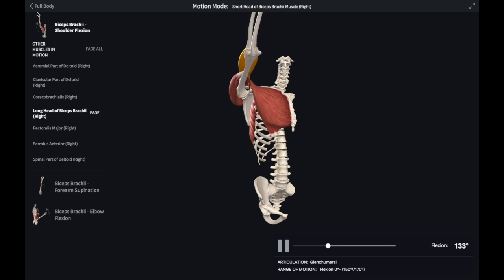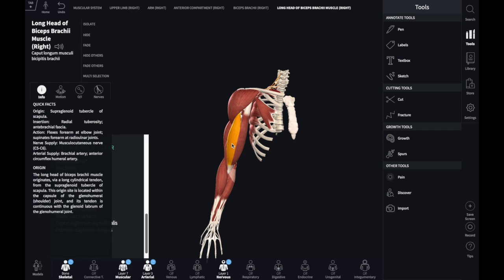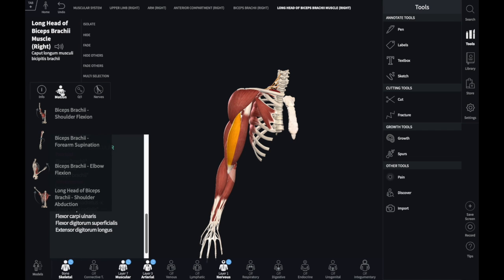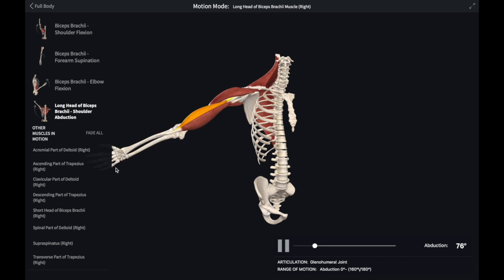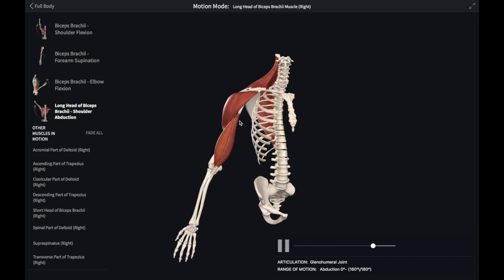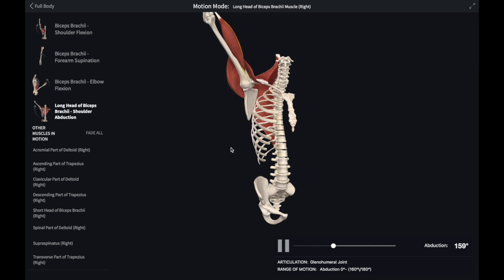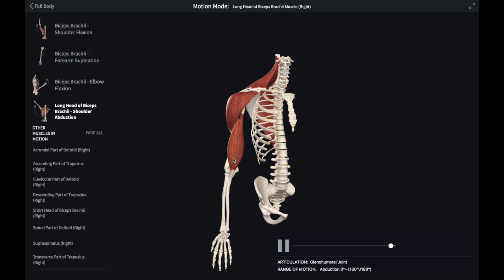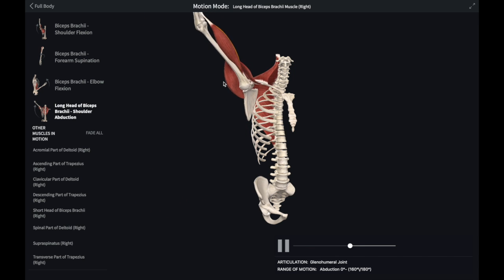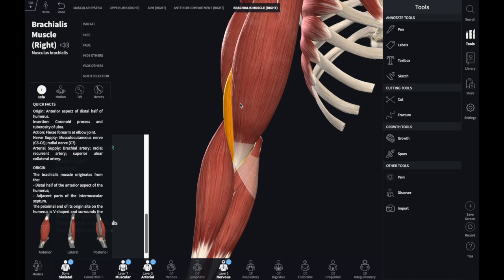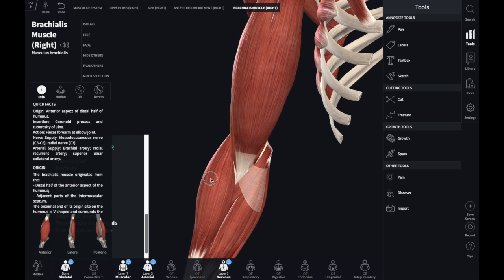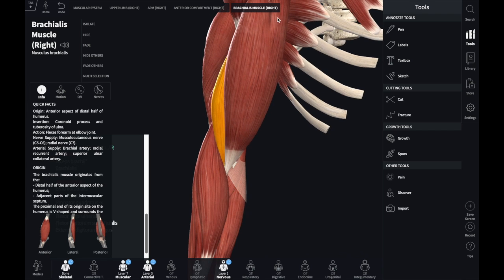The lateral aspect, biceps brachii, will allow you to abduct your arm along with the deltoid muscle. Your brachialis is considered a synergistic muscle. It will help the actions of your biceps brachii.